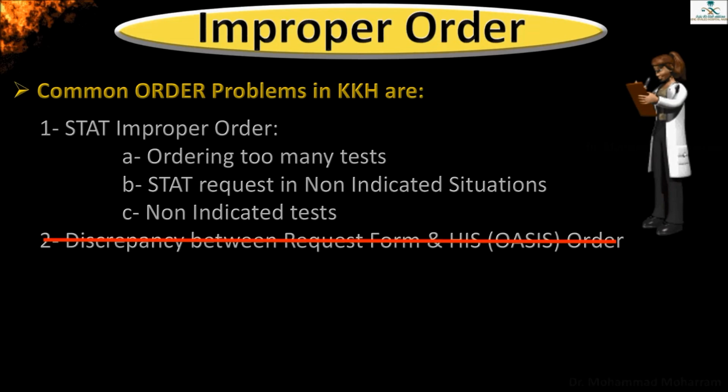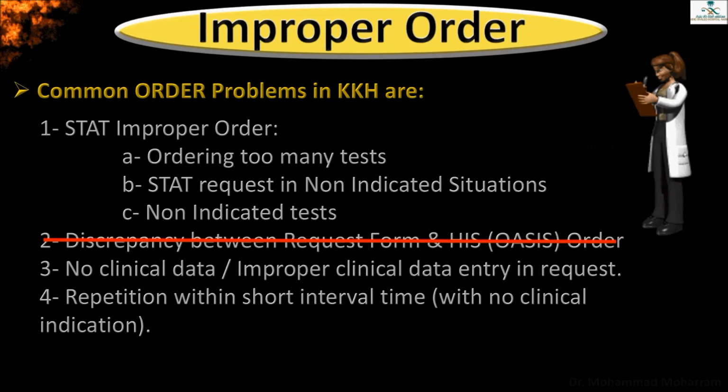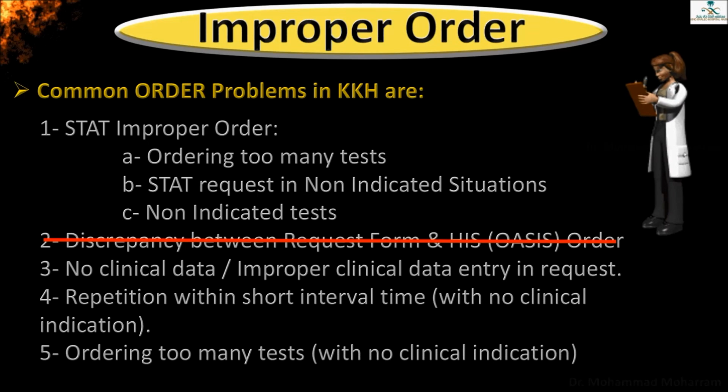This item has been solved after full implementation of WASE's in the hospital. No clinical data or improper clinical data entry in request, repetition within short interval, ordering too many tests with no clinical indication.